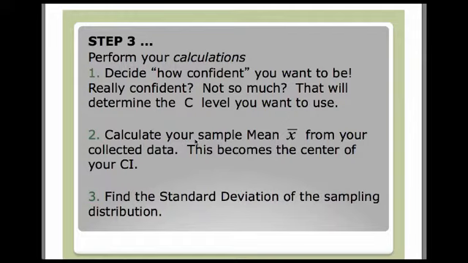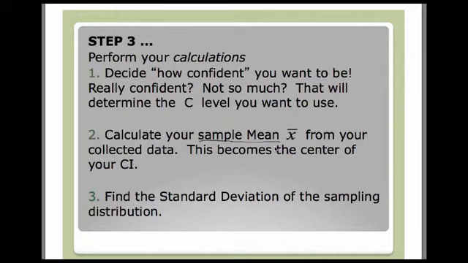The next thing you'll have to do is, if you actually have data, perhaps in a list on your calculator, you'll need to calculate your sample mean, your X bar. Now sometimes they'll just give it to you. But if it's actually data that you have to work with, you might have to put it into a list, run your single variable statistics, and get X bar.